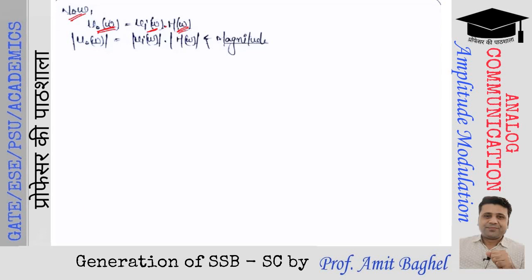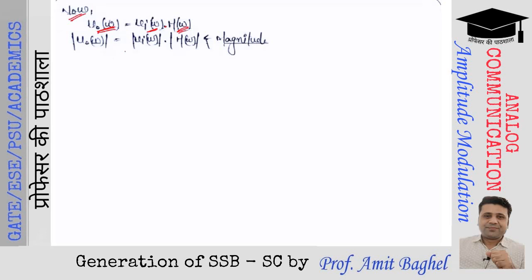So H of omega is the transfer function, which is V naught omega over Vi omega: the frequency domain output divided by the frequency domain input. So the frequency domain output is actually the frequency domain input multiplied with the transfer function.